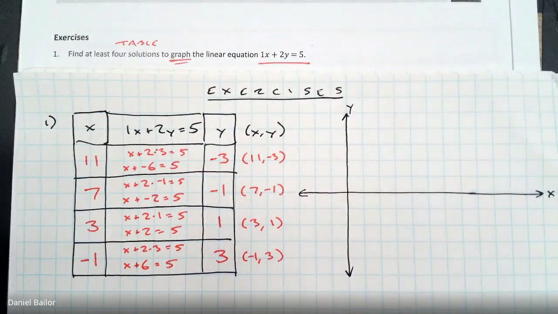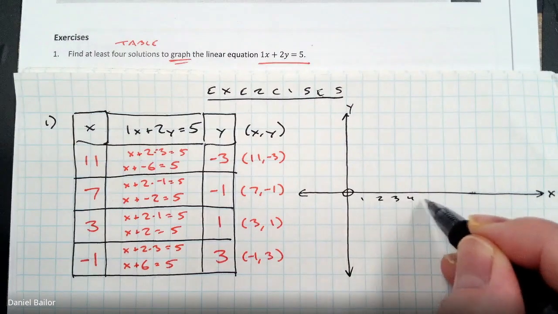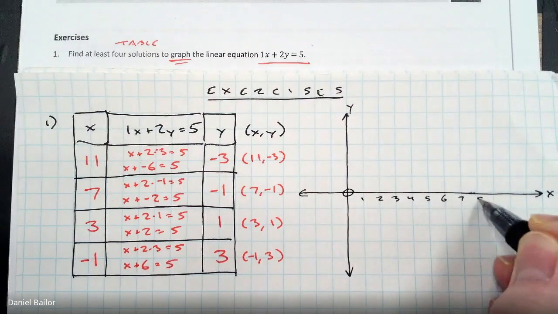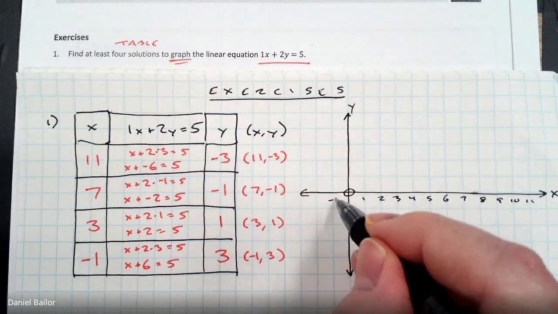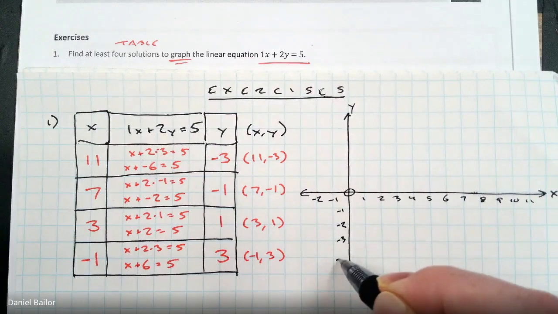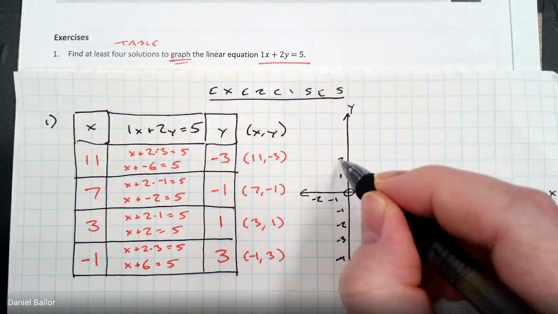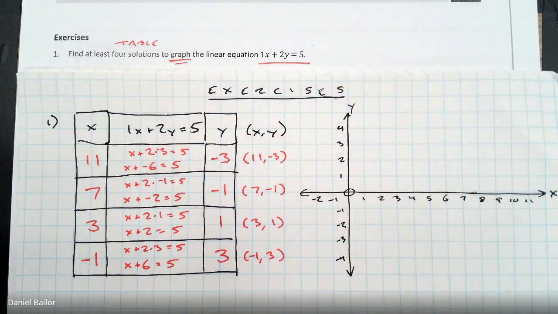There's my y. Now I'm ready to label. That's the origin. So let me label my intervals. And my -x intervals, my -y intervals, and my +y intervals.